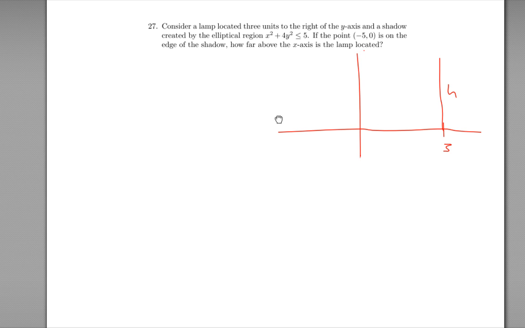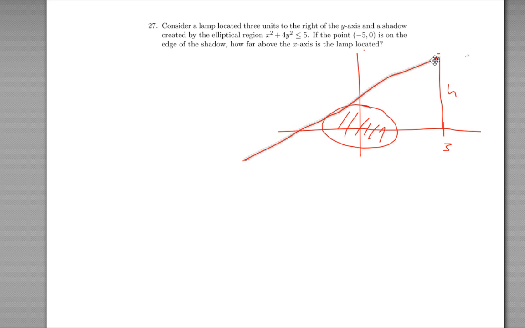So you don't really need to know too much about what an ellipse looks like. But for our drawing, let's just draw it in. So here's a very poorly drawn ellipse. And so I guess you have some object here, and then you have a light shining down here, and this light is coming down, hitting there, going like this, and then this light is coming down like this, hitting there, going like that.